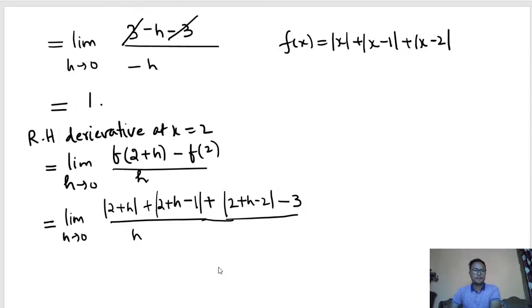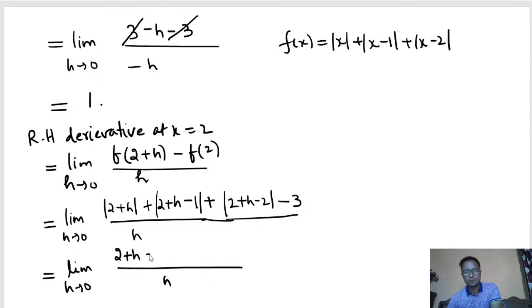So now it will be the limit as h tends to 0 of h, 2 plus h, so 1 plus h, minus 3.